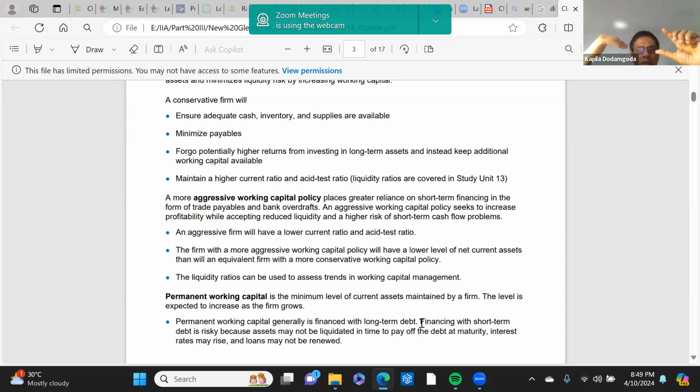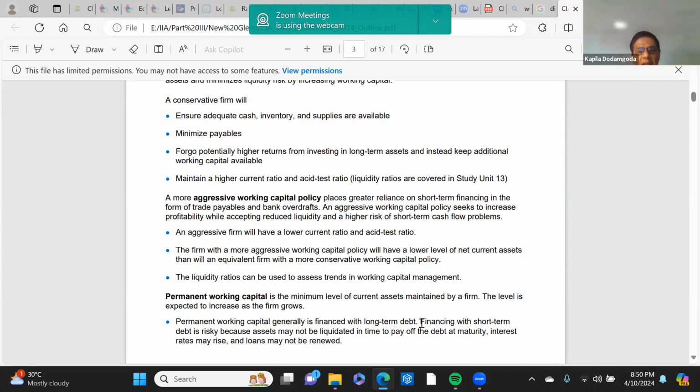Financing with short-term debt is risky because assets may not be liquidated in time to pay off the debt at maturity. Right? If you fund the permanent working capital through long-term loans, the bank may not stop you utilizing the loan, and you will continue to use it. So therefore, you are more protected.